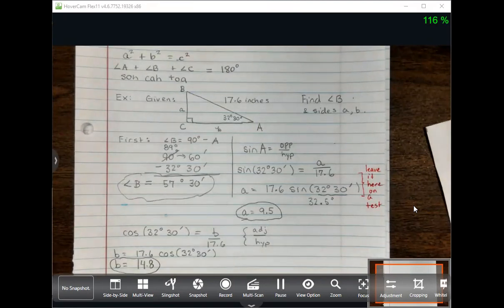All right, so that's the kind of thing that we're going to do. Let me give you two of the sides and show you how to find the measure of an angle. So I'm ready to go to page 4.